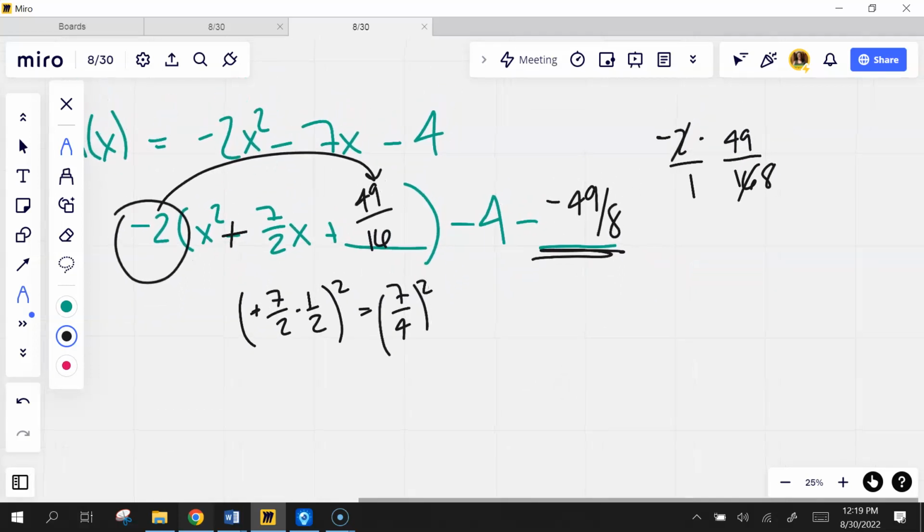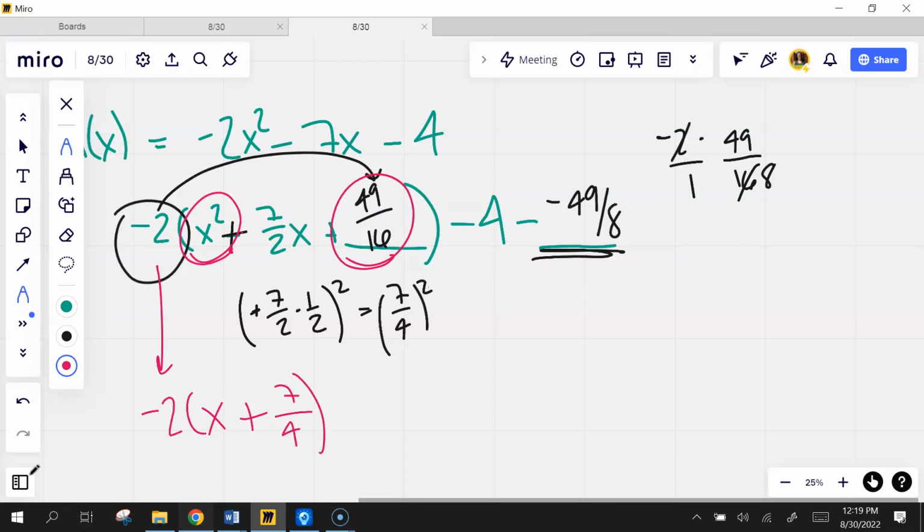All right, so -2, you take the square root of the first sign, and the square root of the last, squared, because that's a perfect square trinomial, right? And now I need to combine these two. So I've got -4 plus 49/8.